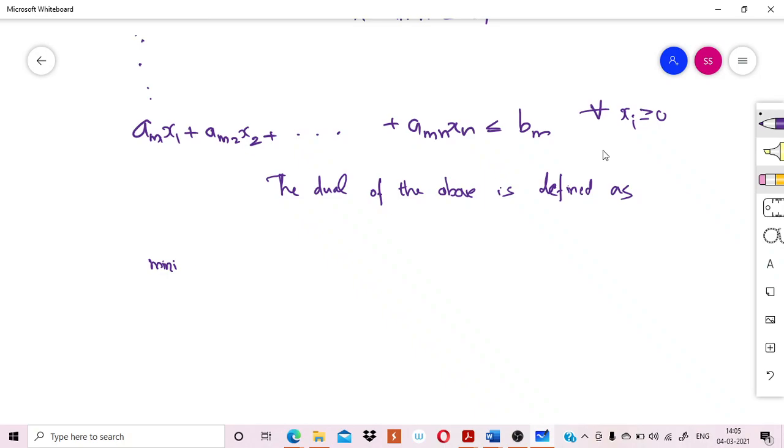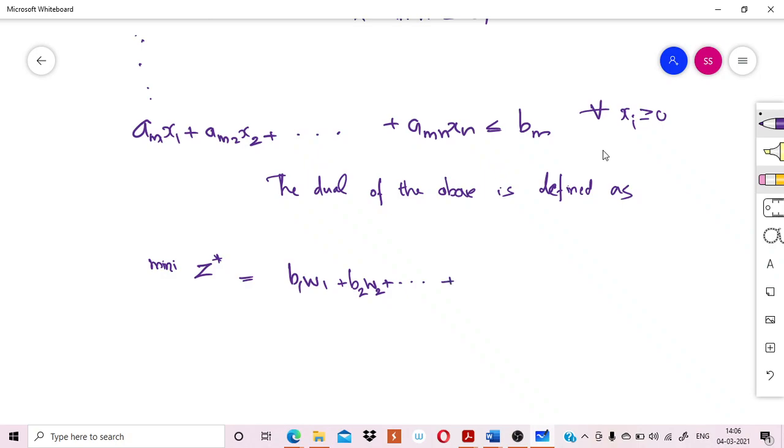So z star is equal to b1, b2, b3, etc., bm, our right-hand constants, which are now given as the cost coefficients. Instead of x1, x2, x3, the decision variables, here we introduce w1, w2, w3, etc. as the decision variables. So b1 w1 plus b2 w2 plus etc.